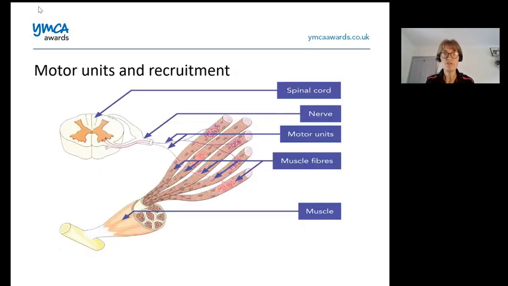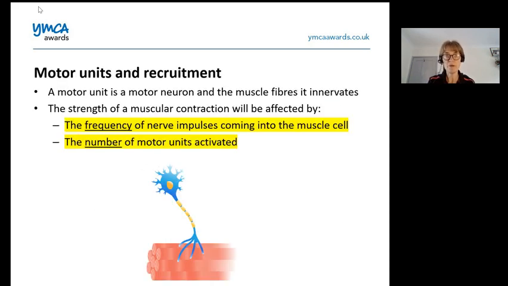So, motor unit recruitment. A motor unit is a motor neuron and the muscle fibers that it innervates. So that is one motor unit, the motor neuron and the individual muscle fibers that it innervates.